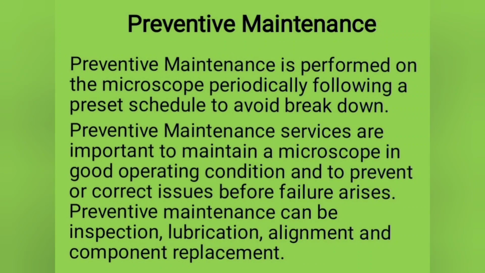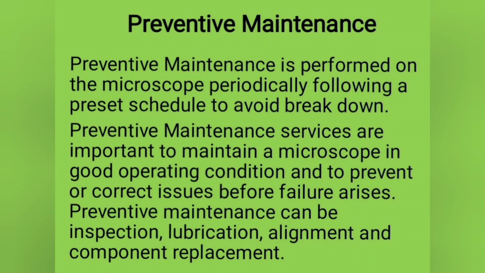This preventive maintenance is the most important of all of the maintenance. The importance is to maintain a microscope in good operating condition and to prevent or correct issues before failure arises. Preventive maintenance can be inspection, lubrication, alignment, and component replacement of the microscope.